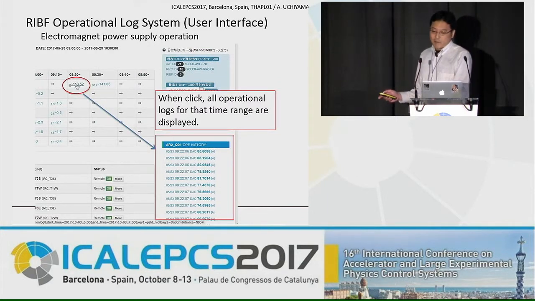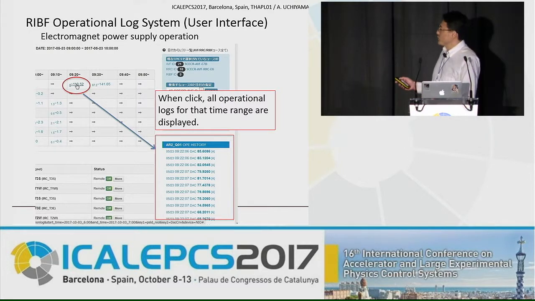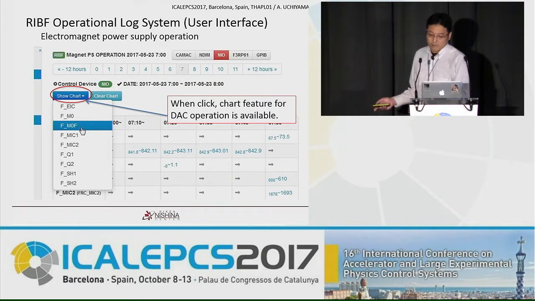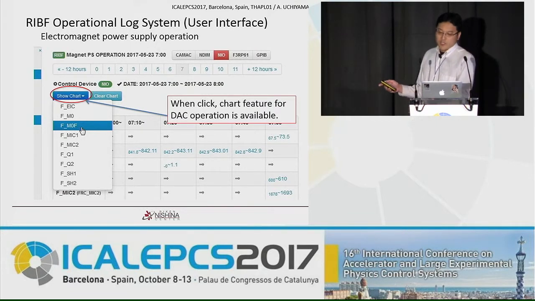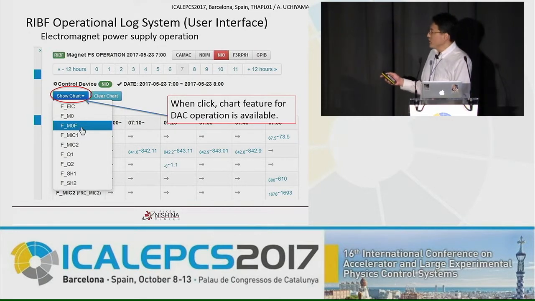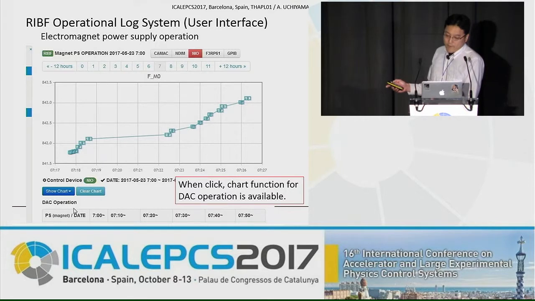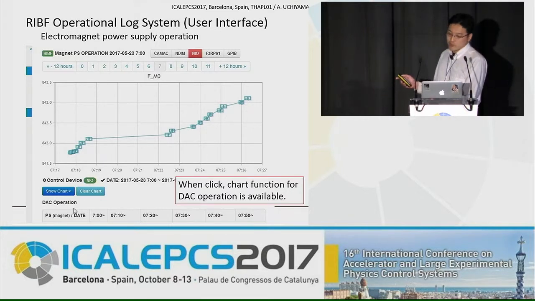When clicking this hypertext link, all operational logs for this time range are displayed. This system also has a chart feature. When clicking here, chart feature of DAC operation is available. This chart feature is based on jQuery and JavaScript function.